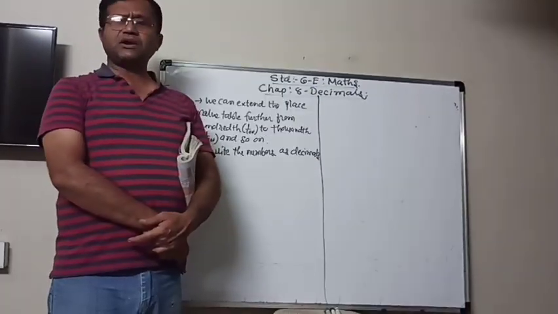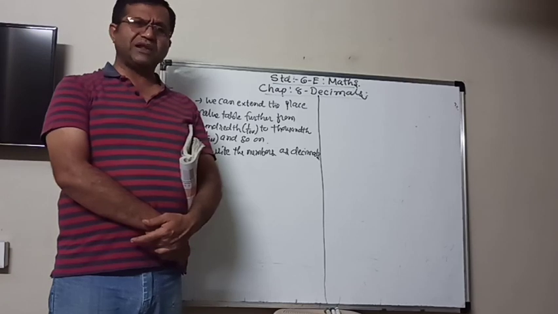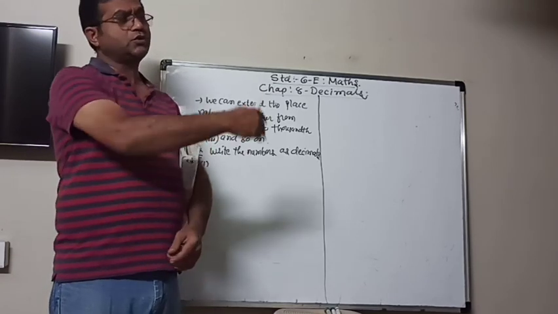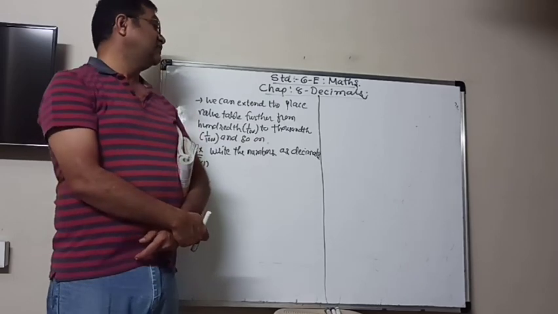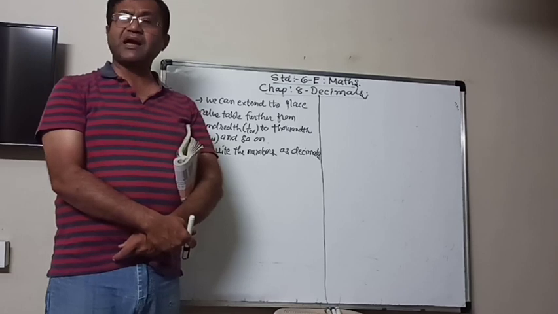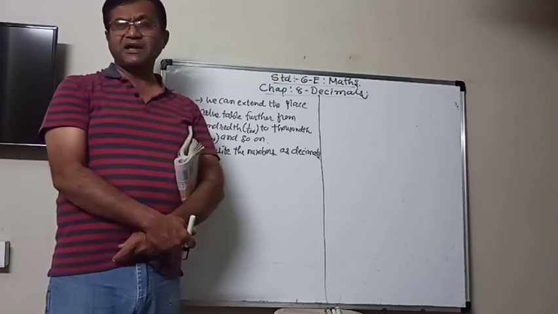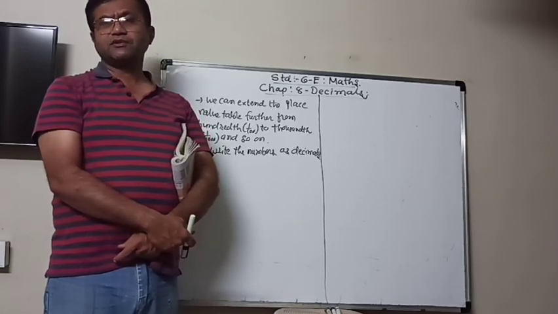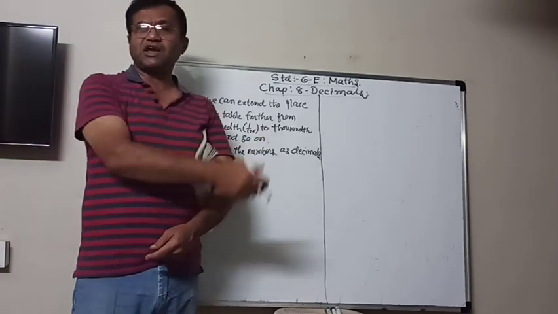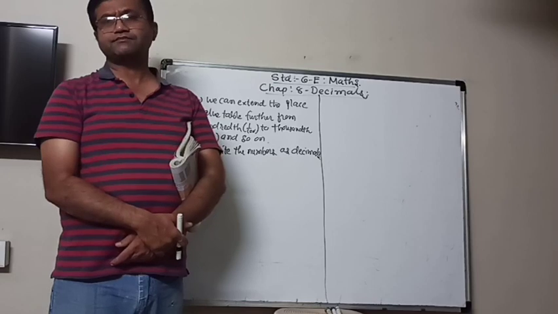Now we'll learn about the place value table in which we go up to the hundredth. But now we can extend our idea of place value table from 100 to 1000, 1000 to 10,000 and so on.